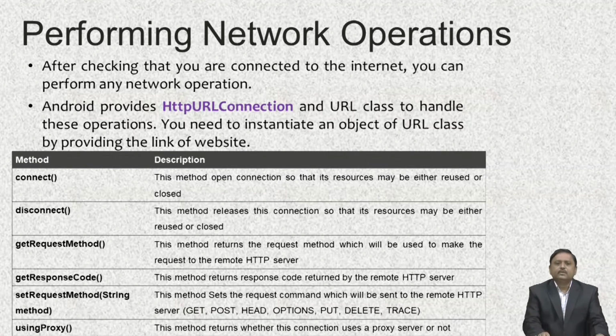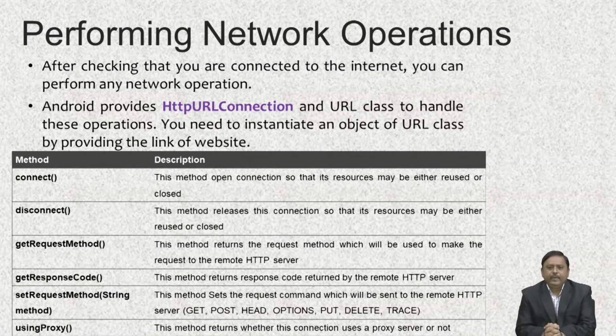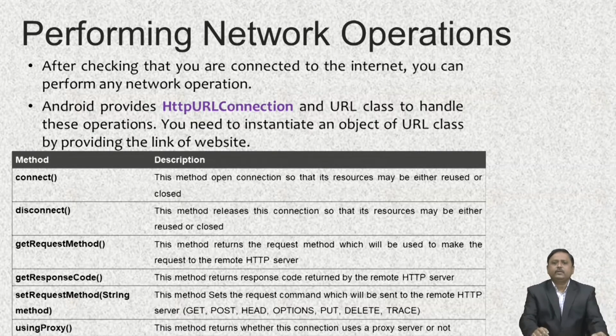And we have set request method, and inside this method you have to specify the method that you want to use. So this method sets the request command which will be sent to the remote HTTP server, which may be get, post, head, options, put, delete or trace. So any method, generally we use get or post, but you can use any of these methods as an argument.